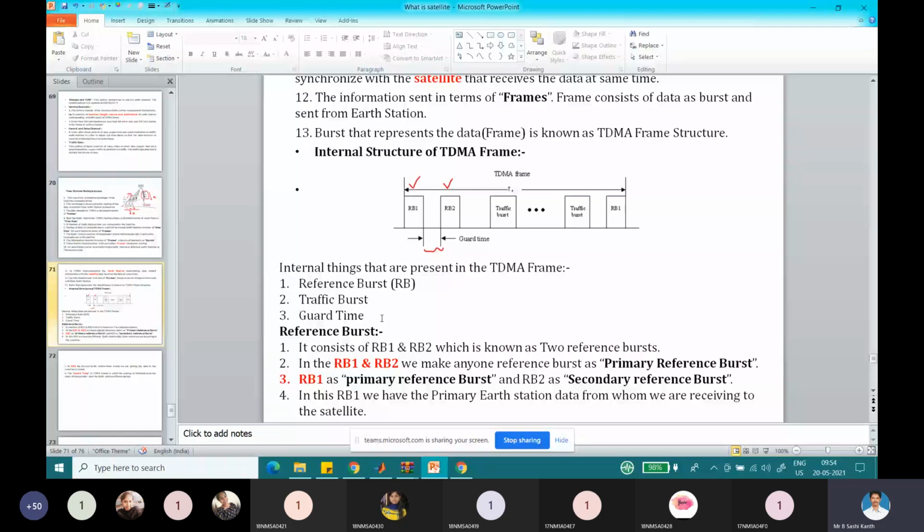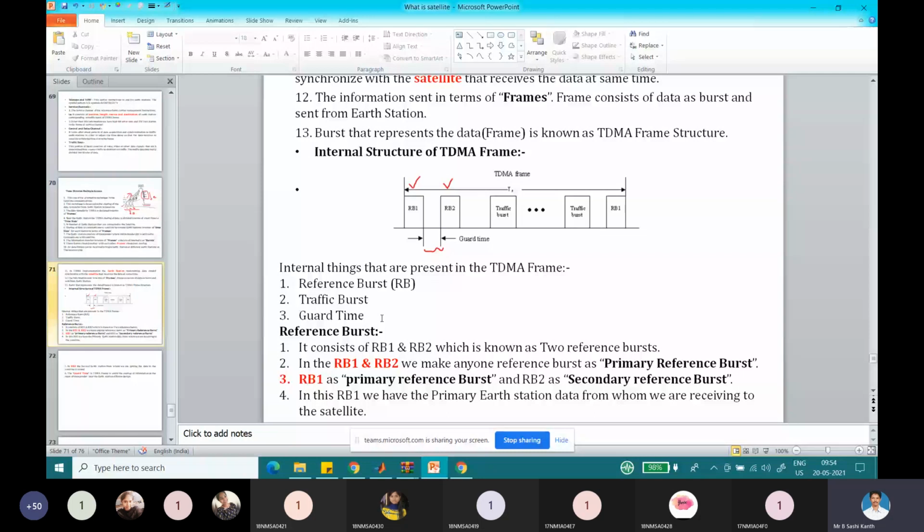Of these two reference bursts, we can make any one the primary reference burst. RB1 is not necessarily the primary reference burst; you can make RB2 the primary reference burst as well. But for now, we'll consider RB1 as the primary reference burst and RB2 as the secondary reference burst.